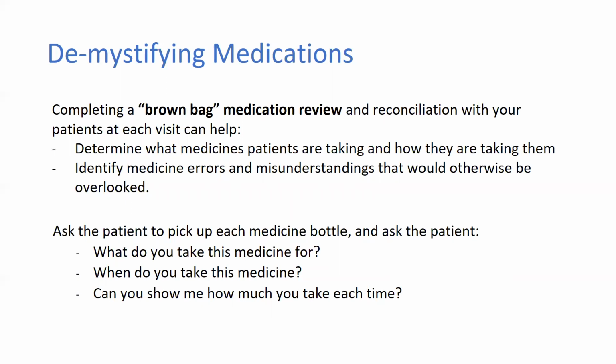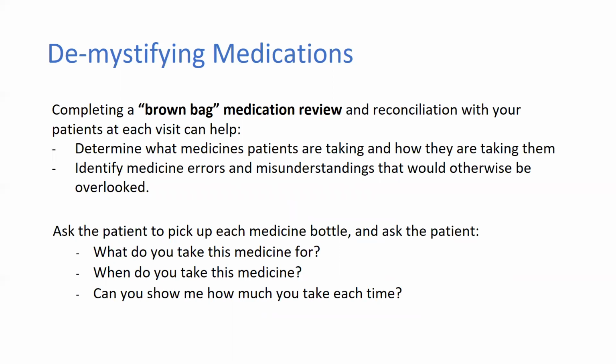And this is so important because it can help you determine what medicines the patients are taking, how they are taking them, and it can help identify errors and misunderstandings that would otherwise go unnoticed and could harm the patient. So once the patient has brought in their medications, you want to ask them one by one with each medicine bottle, what do you take this medicine for?